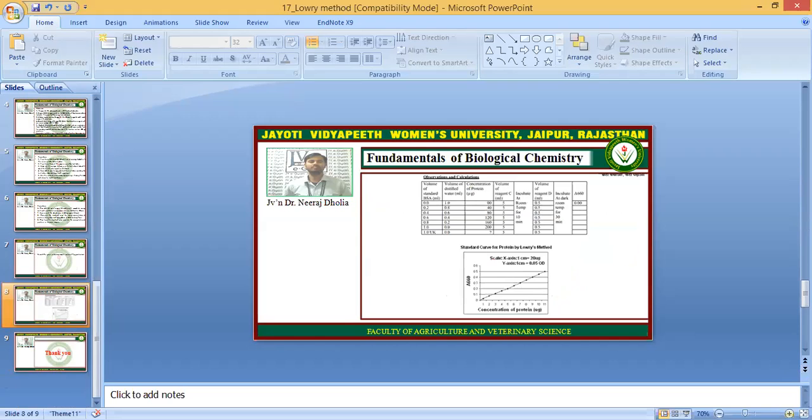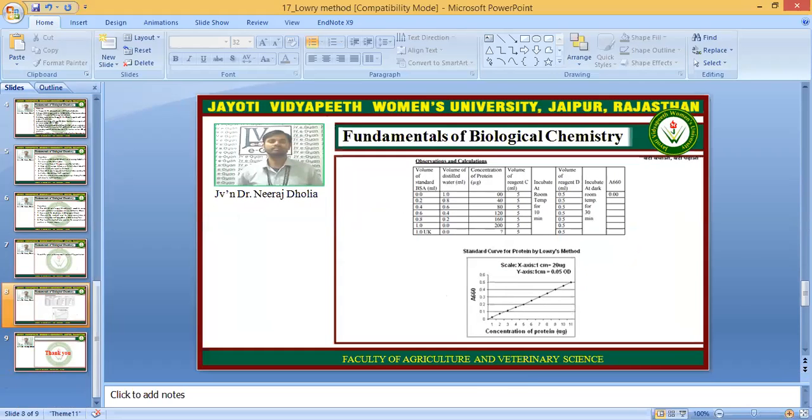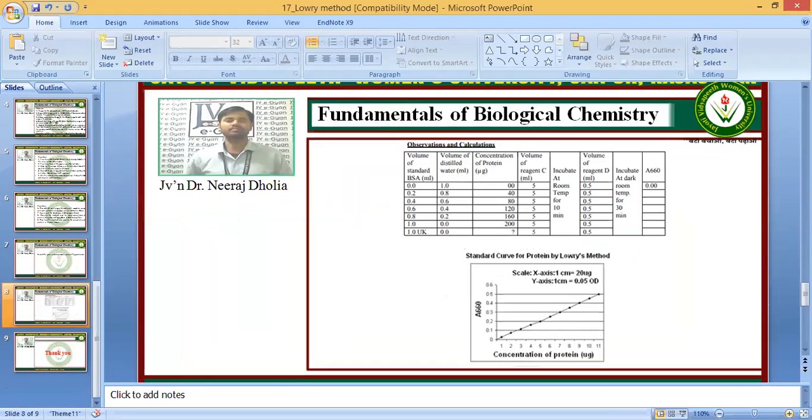This is the table and graph you should make: this is the standard curve calculation, and this is a standard curve. On the x-axis is the concentration of protein, and on the y-axis the absorbance at 660 nanometer.